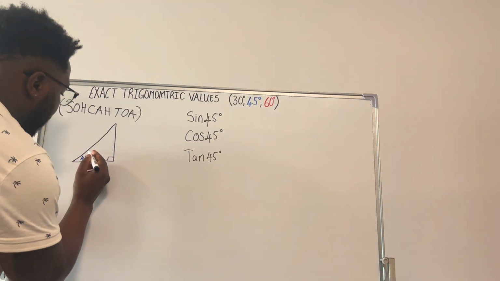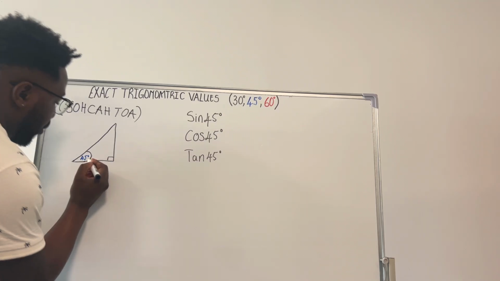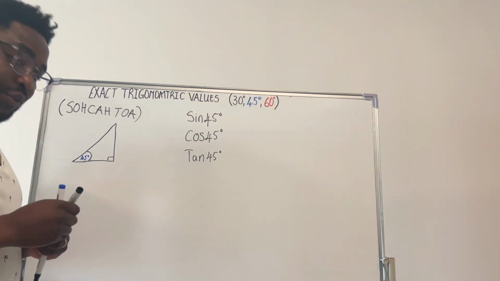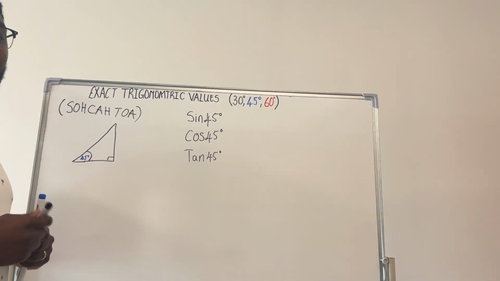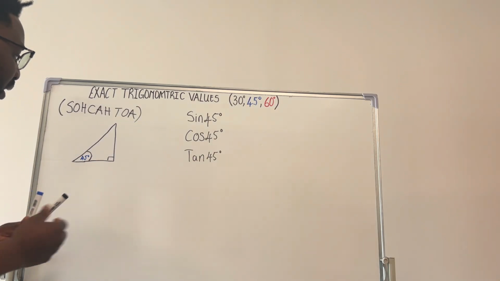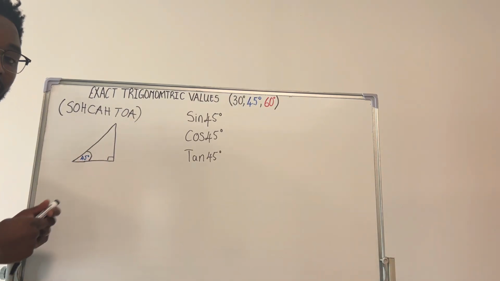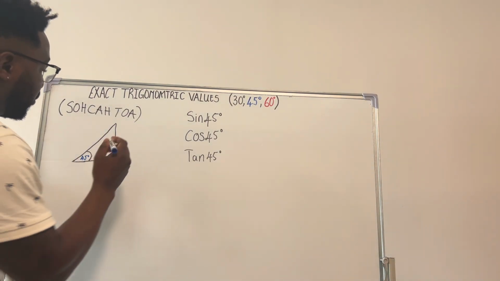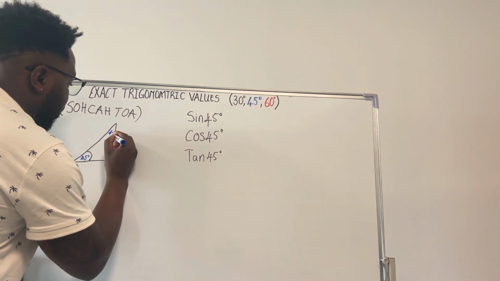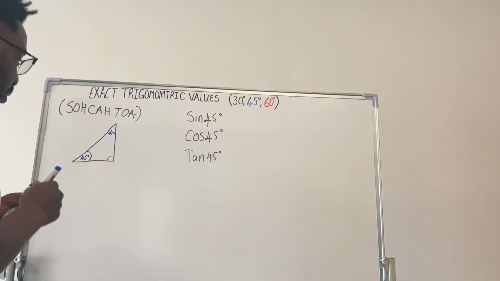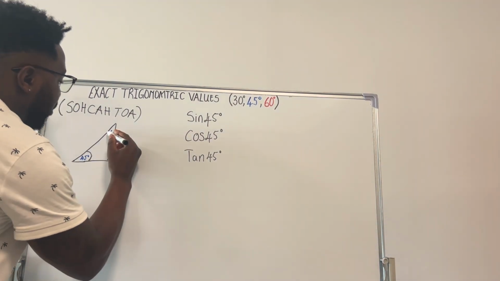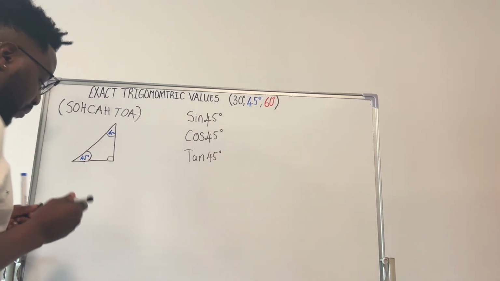And we do know that all angles in a triangle add up to 180, right? So that means our other angle there will be 45 as well. This angle over there will be 45 degrees as well, right?